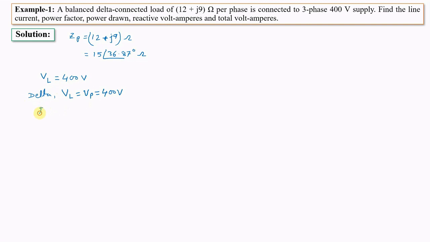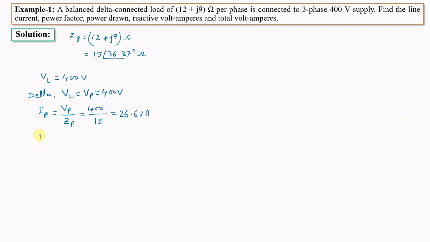So the phase current I phase will be phase voltage upon phase impedance. The phase voltage here is 400 and the phase impedance is 15. Here we will consider only the magnitude of the impedance, not the phase angle. It is 400 by 15, and after solving it will be 26.67 ampere.